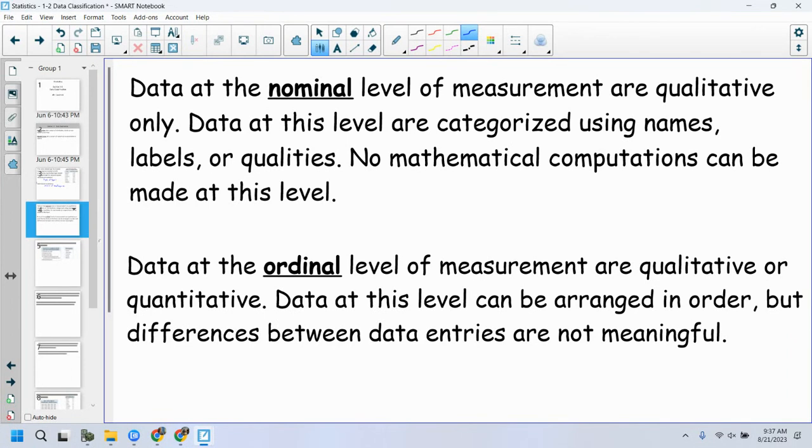So now it's jumped from nominal level to ordinal level, where nominal level would just be the classes that you're taking. Ordinal level would be, okay, give me the schedule that you go by. If I had said, give me the names of your siblings in terms of age, that's ordinal level. Give me the names of your pets in terms of how long you've had that pet. That's ordinal level.